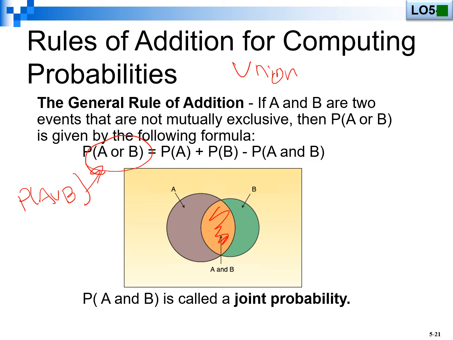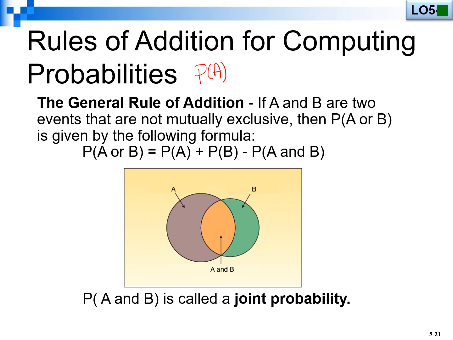The way you do it is you take the probability of A plus the probability of B, and you subtract out the probability of A and B, which is basically everything down here in that intersection. I like to rewrite this in this format: the probability of A plus the probability of B minus the probability of A intersect B. Again, this means the same thing.